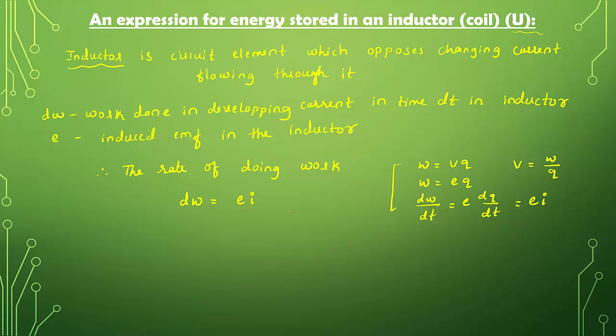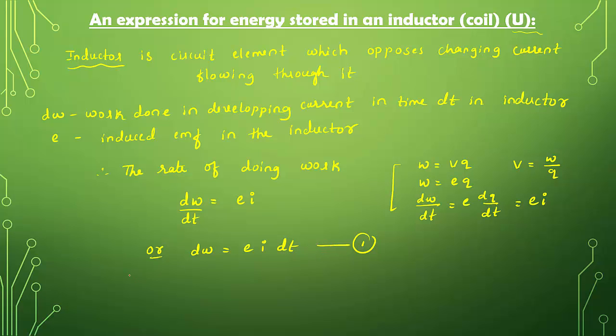So we can write dW by dt equal to E into I, or dW equal to E I dt. Let us take it as equation number 1: dW equal to E I dt.